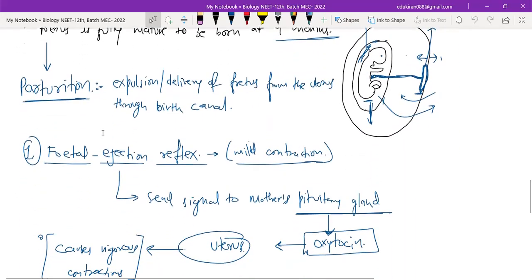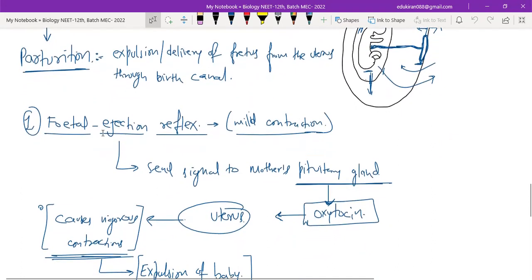Great. Then coming to parturition. Now this is the delivery of the baby, the actual birth of the baby. And what happens here? Rifat, are you there? Parturition is the expulsion of the fetus.